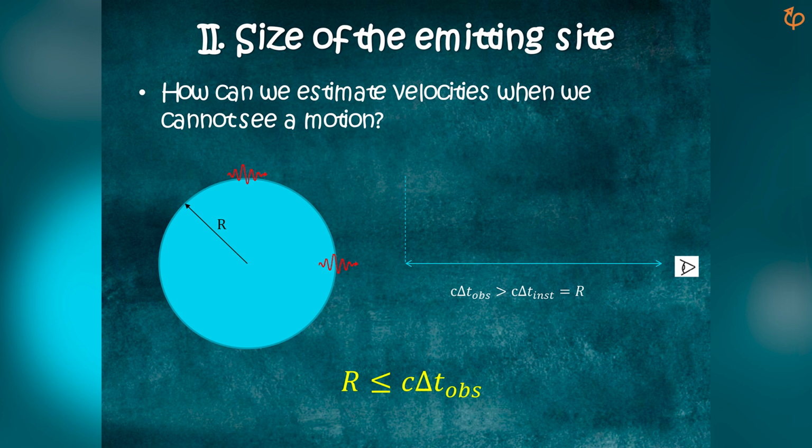So c delta t observed is larger than c delta t instantaneous, meaning that it is larger than the radius of the object. The conclusion from this is that if I see a time difference between two photons coming from different places on the same source, c times delta t is an upper limit on the radius of the source. The radius of the source cannot be larger than c delta t, only smaller.